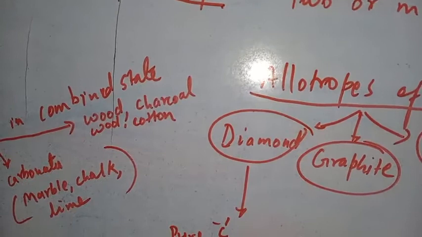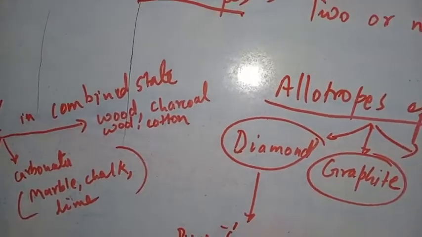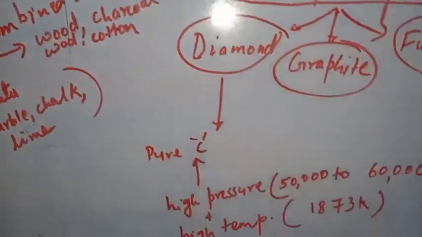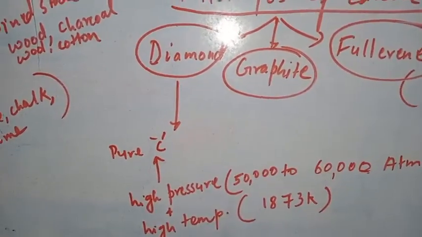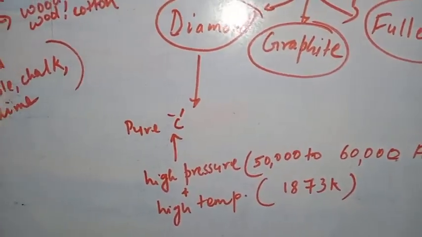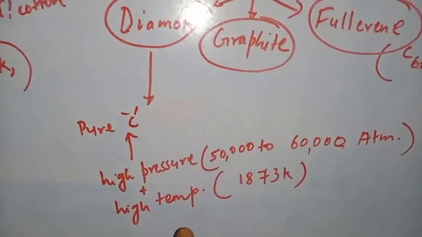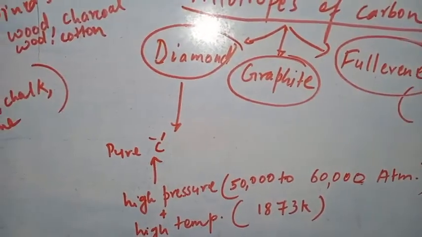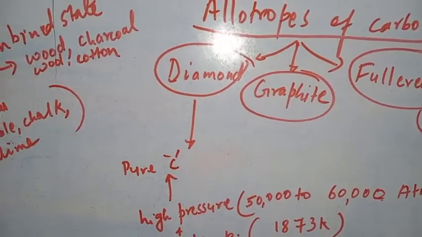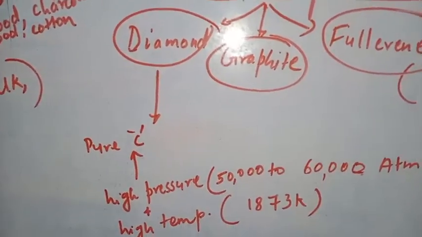But this diamond is called synthetic diamond, as it has been synthesized in the labs. I just told you how you can synthesize the artificial diamond. Now we will see the structure of diamond.